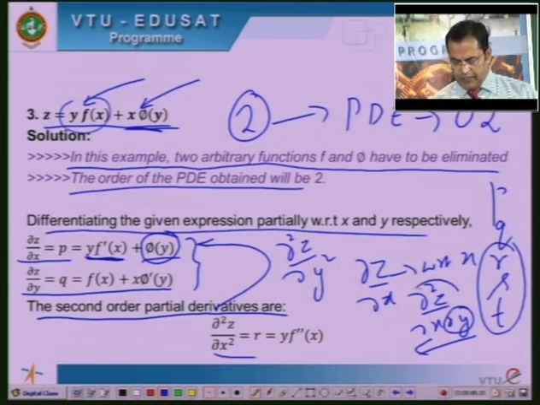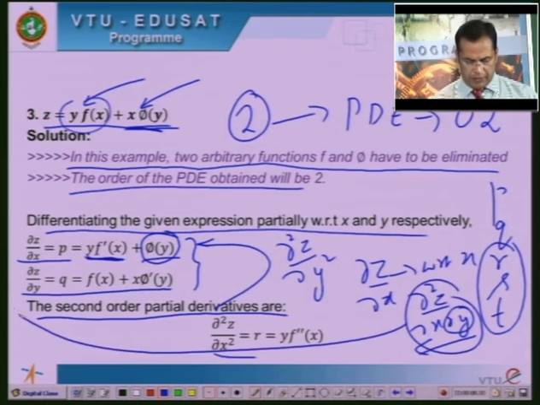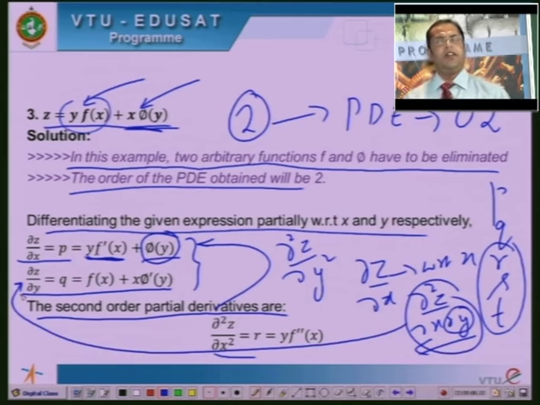So, as far as s is concerned, you go to ∂z/∂y here and differentiate that partially with respect to x. So, that will give you f of x changing to f dash x and x into phi dash of y changing to phi dash of y only, because you are differentiating with respect to x.